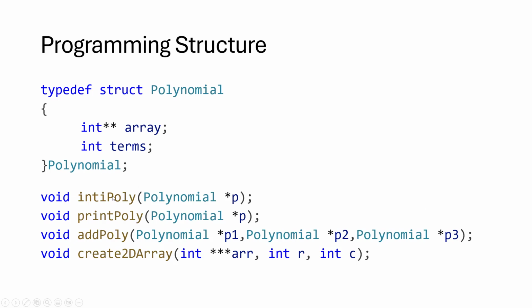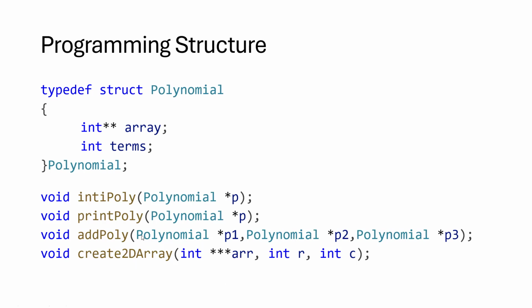And whenever you want to deal with this polynomial, many times you have to create 2D arrays. So for my temporary storage, I need a 2D array. To represent a single polynomial, I need a 2D array. So for each 2D array creation, I don't want to write the code separately.